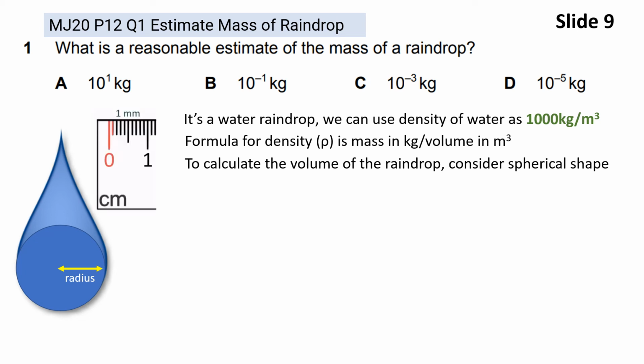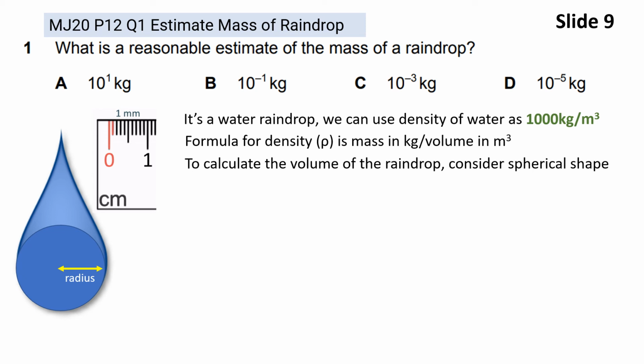So let me bring here the marks of a ruler and look at the marks. I don't want to go too small, so let me think about 1 millimeter as a reasonable size of a raindrop.